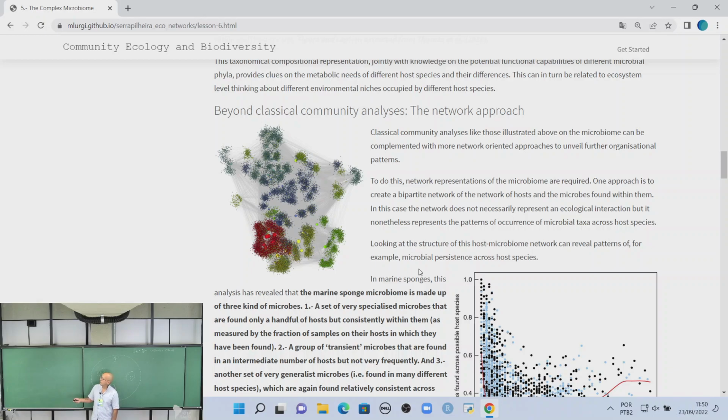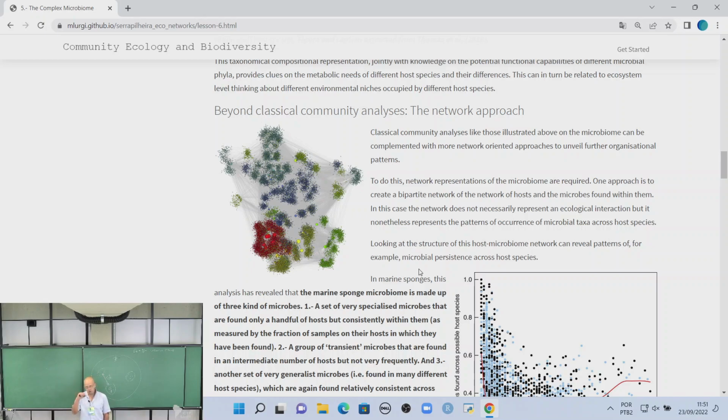So these 3 or 4 here, then there is one here, another here. Can you see the differences in the nodes? Yeah. So those are the host species, and the small ones are bacteria. In this particular case, the nodes are colored by the module that they belong to after running modularity analysis.